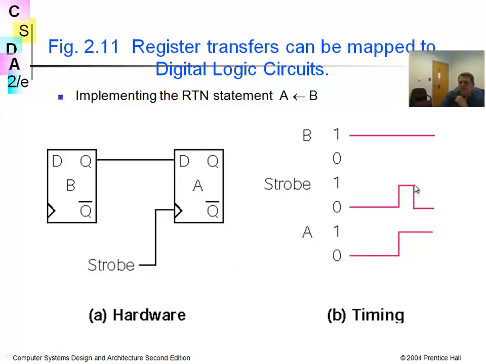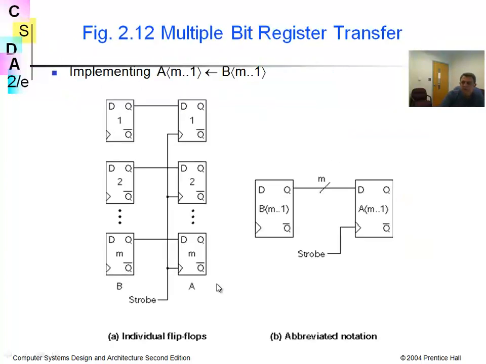That means when the clock comes down, then this flip-flop receives the output of the B register. That means A follows B at this point. It comes straight here, it goes up, and that would be the trailing edge D flip-flop.